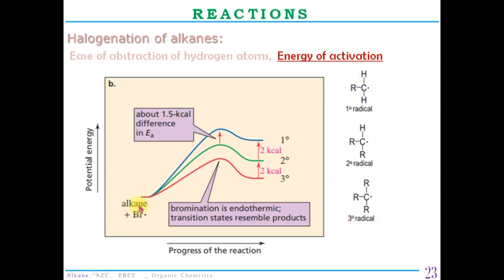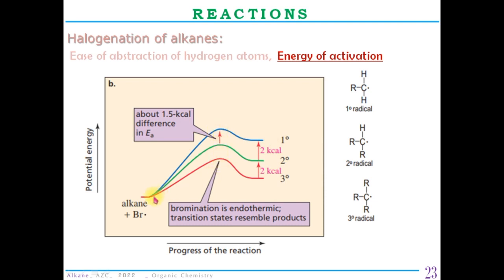Because in the general structure of alkane there is presence of primary, secondary, or tertiary hydrogen, by abstraction of which we may get a particular tertiary, secondary, or primary radical. Now if we see, to generate tertiary radical we have transition state over here, and to get primary alkyl radical we have transition state over here.